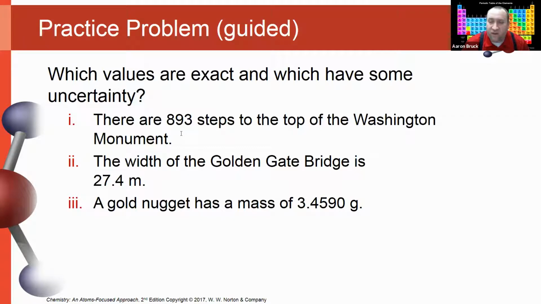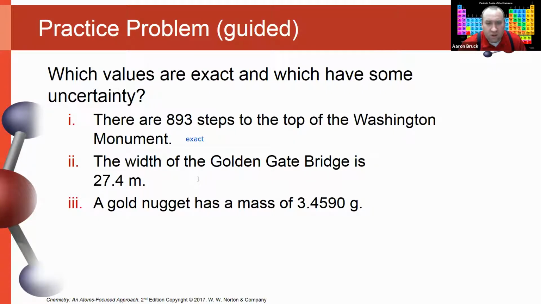So if some poor soul climbs up the stairs of the Washington Monument and counts that there are 893 steps, that would be an exact value because it would be counted. Now we have to trust that they counted it correctly, but it would still be an exact value, even if it's inaccurate.